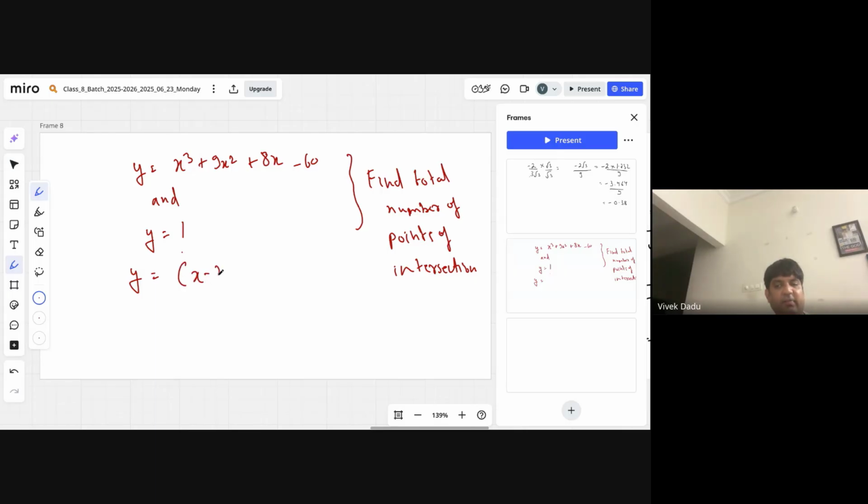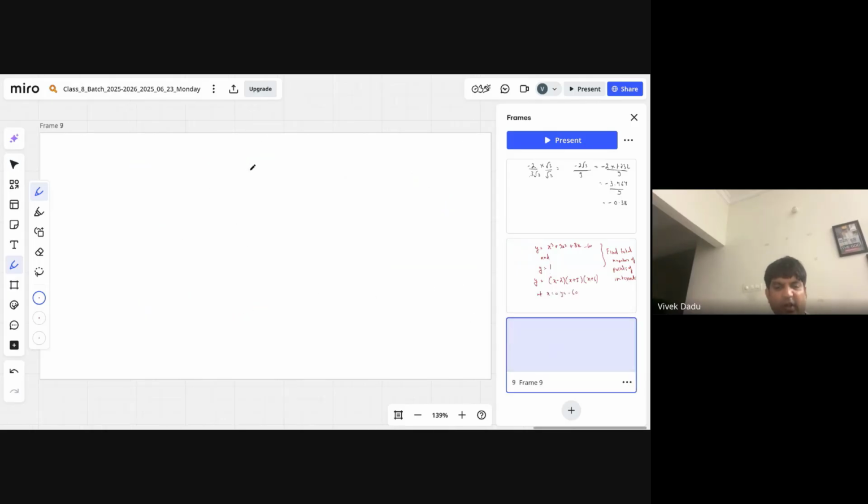I think it was x minus 2, and the y point was, at x equal to 0, y equal to minus 60. So before even going to a turning point, try to solve if you can without that itself.